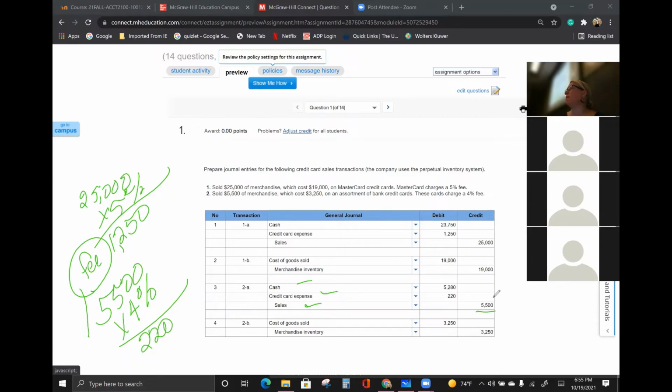Remember, I want to book my sale for the amount of my sale. And then it tells me my cost of goods sold is $3,250. So I have to book my costs and remove my inventory. So I'm debiting cost of goods sold $3,250, and I'm crediting merchandise inventory for $3,250. Does that all make sense?